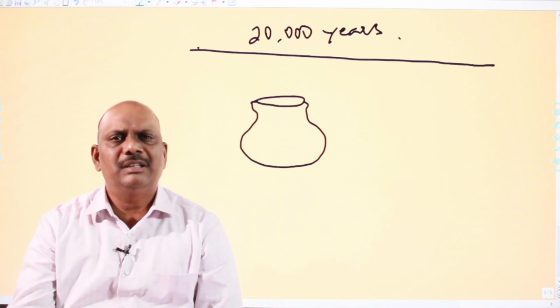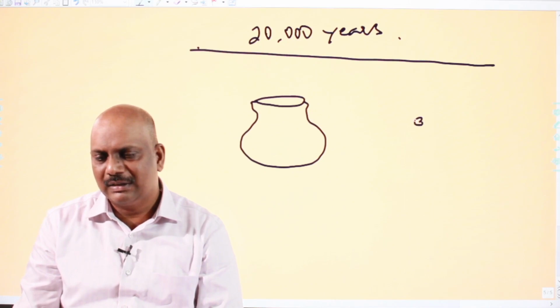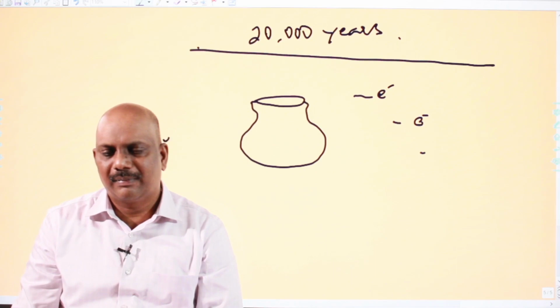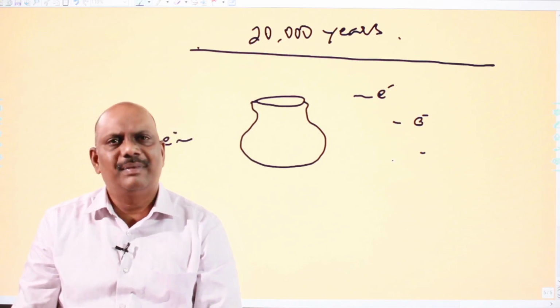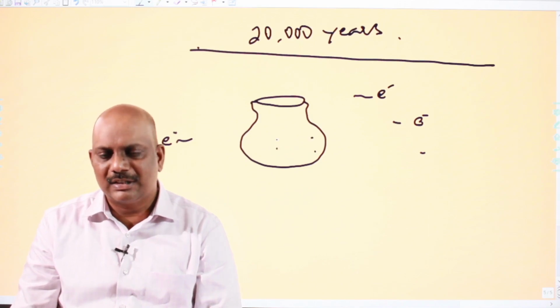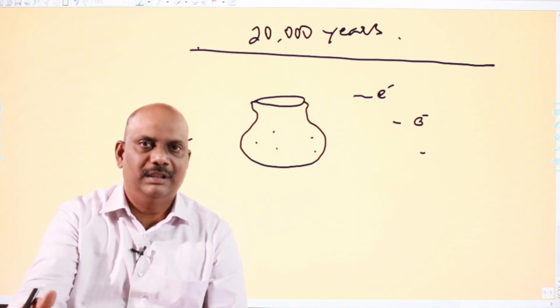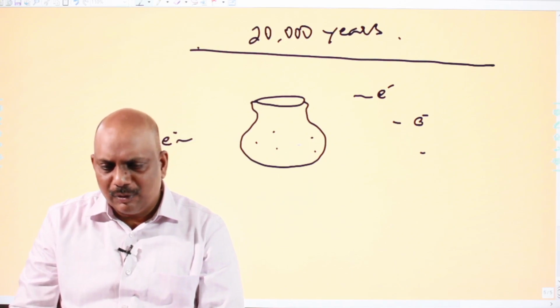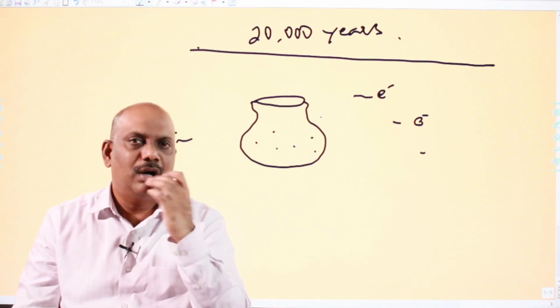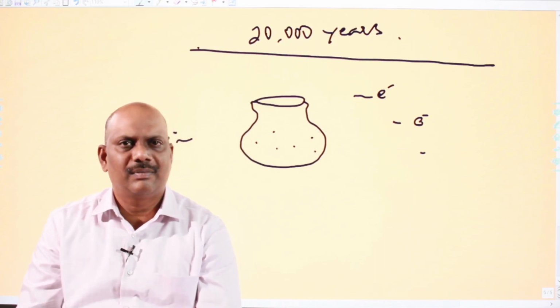Because of these radioactive substances, some free moving, negatively charged electrons will be moving freely. These electrons get trapped in the crystal structure of the atoms of the molecules of this pot. Though they get trapped here, they do not form a part of any atom or molecule. These are free electrons.